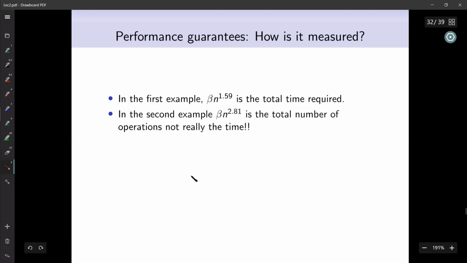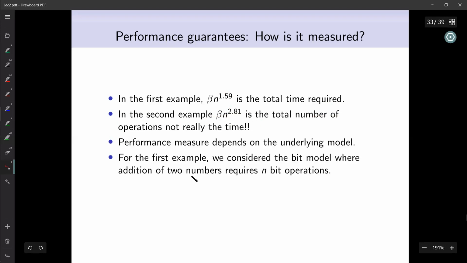Whereas in the second example, we said n to the 2.81, but unfortunately it's not the running time. It is the total number of operations, not the time. Here we are assuming that multiplying or adding each entry takes unit time.